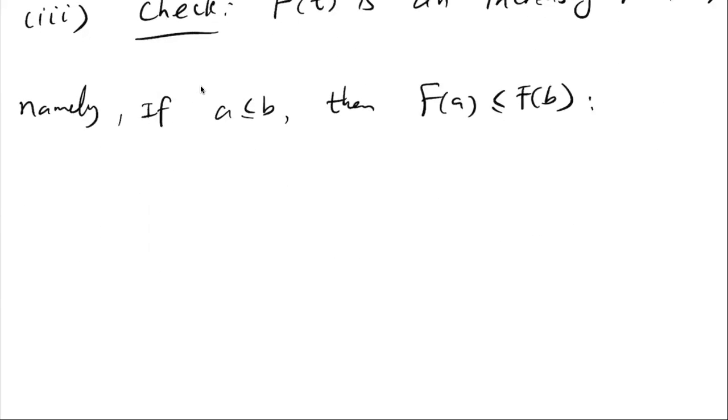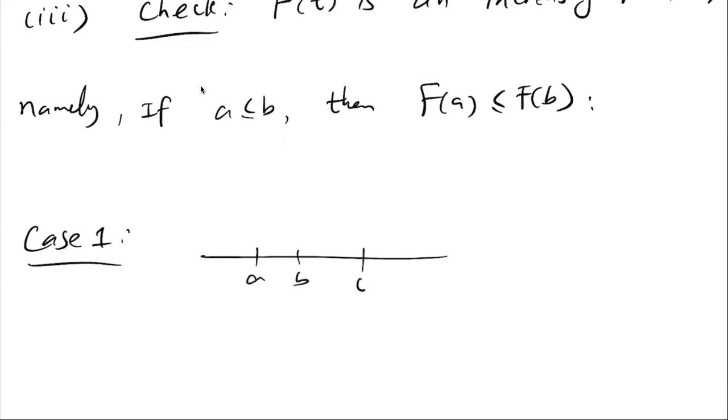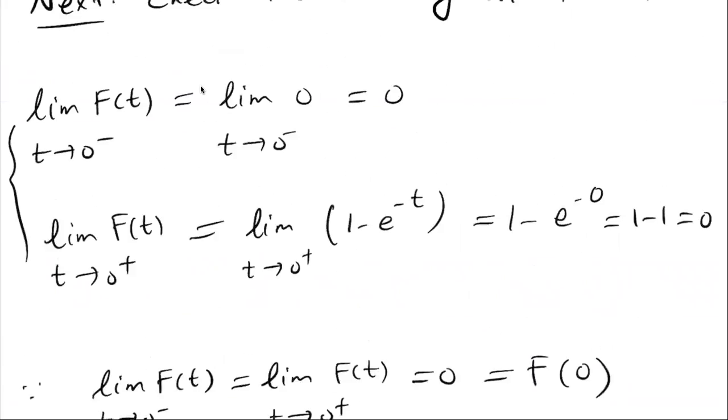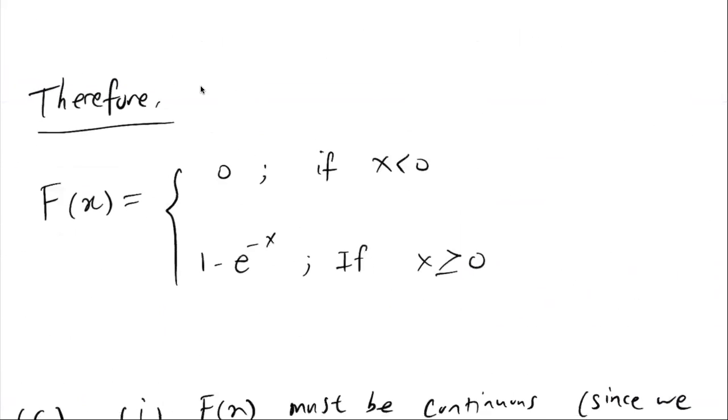How can I check this? I have to consider different cases. I have two numbers, a and b, and I know that a is less than b. So case one, maybe both these numbers are before 0. Why am I comparing them with 0? Because at 0, the formula for the function changes.